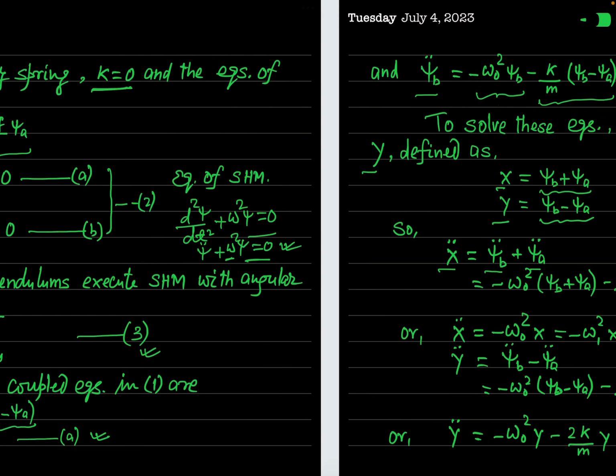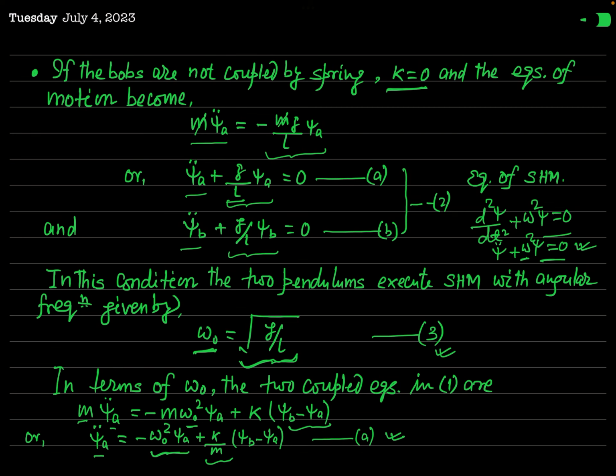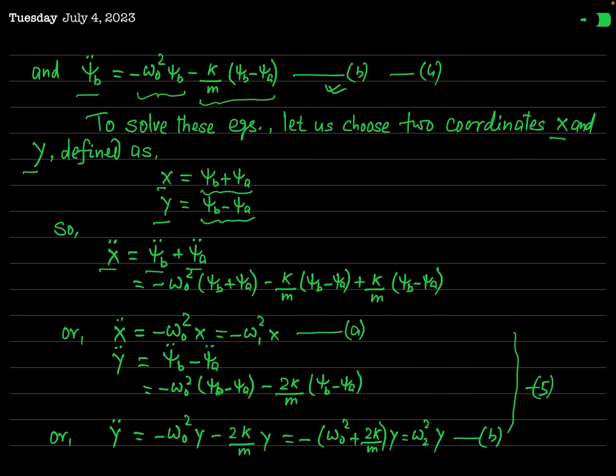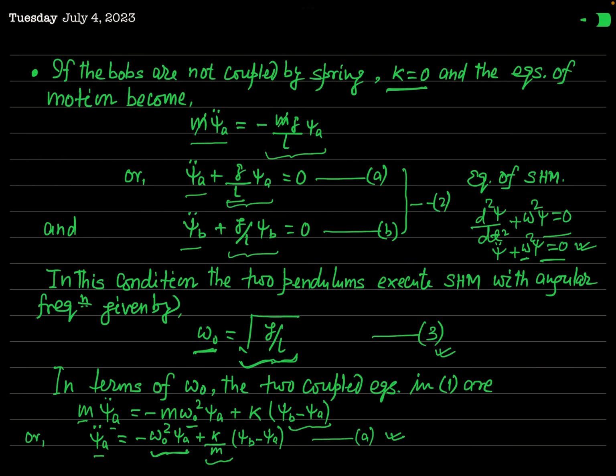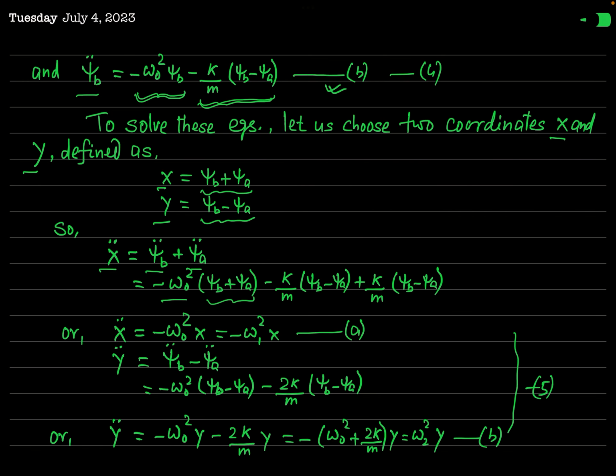Okay, you can see, when you add this minus omega naught square psi A and minus omega naught square psi B, these two will be added, and you can take minus omega naught square as a common factor, and the remaining terms will be psi B plus psi A. Okay, and apart from that, there is minus k over m times psi B minus psi A plus k over m times psi B minus psi A. So I have written it here, and you can see now this term and this term will cancel out, and psi B plus psi A, we have assumed this is X. So X double dot will be equal to minus omega naught square times X.